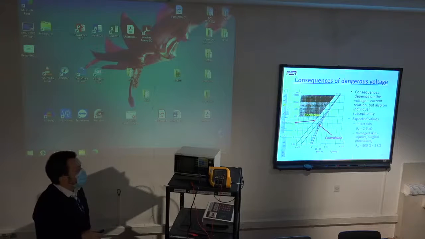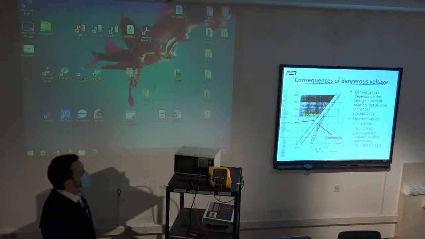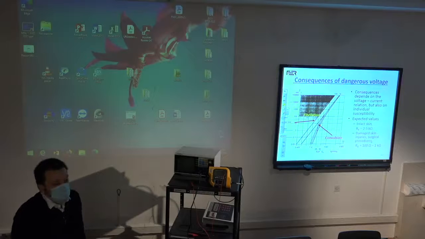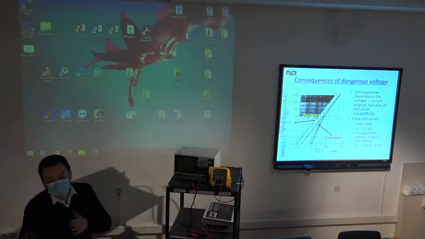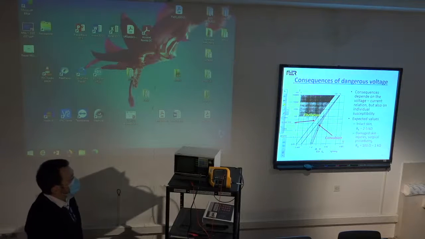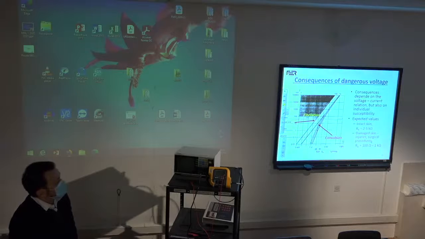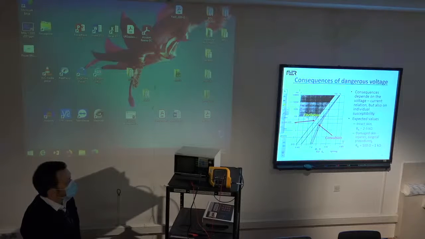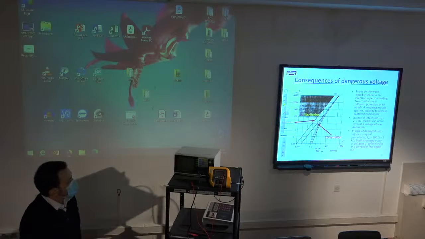This is also non-linear, but the effect of a particular current at different voltages may not be the same, so that has to be taken into consideration. And you can see I noted here fibrillation and convulsion, and these are the expected values of the impedance at particular currents or voltages.